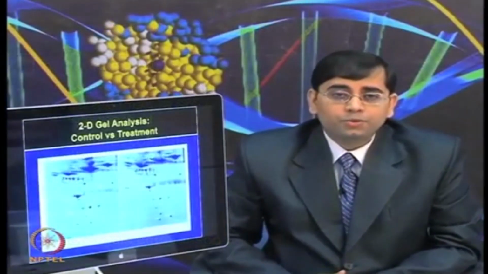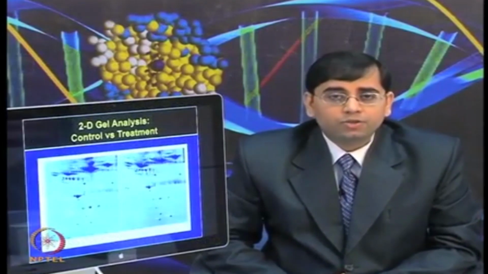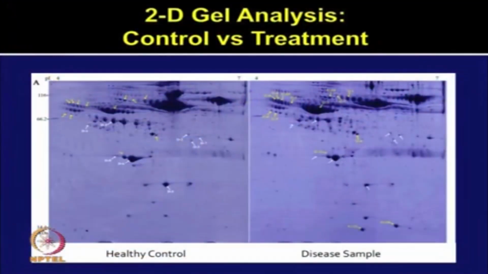Now, I am showing you a gel pattern of control and its comparison with the treatment gel. These are taken from one healthy control and a disease sample, and each spot is compared from the control to the treatment.